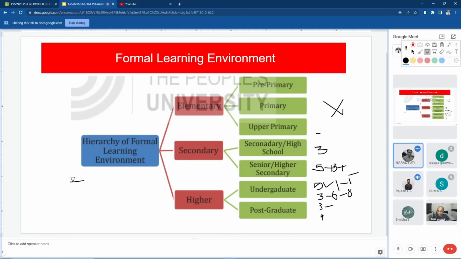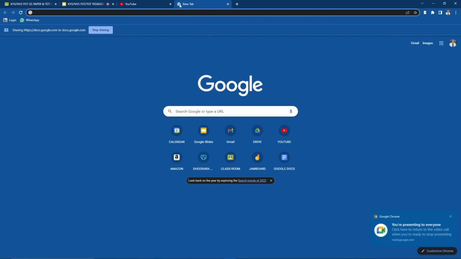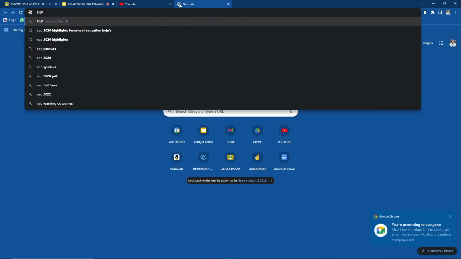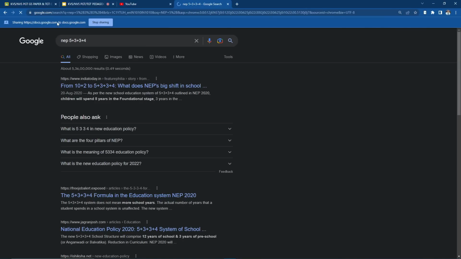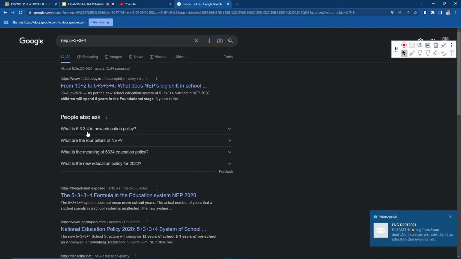Then 5 means it is LKG, UKG plus up to second standard: first, second. So it will be NEP, correct? 5 plus 3 plus 3 plus 4.